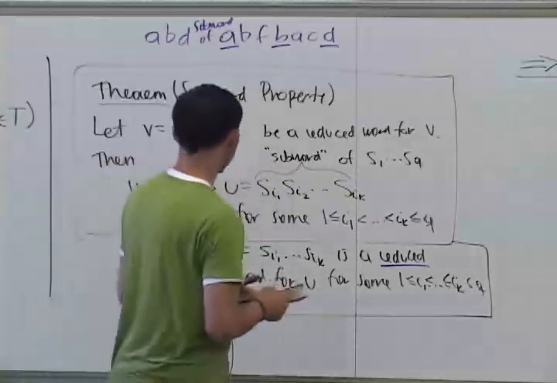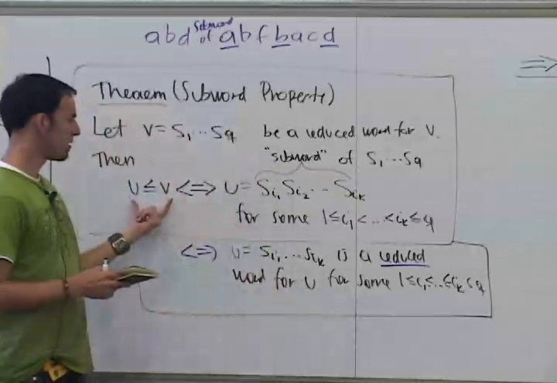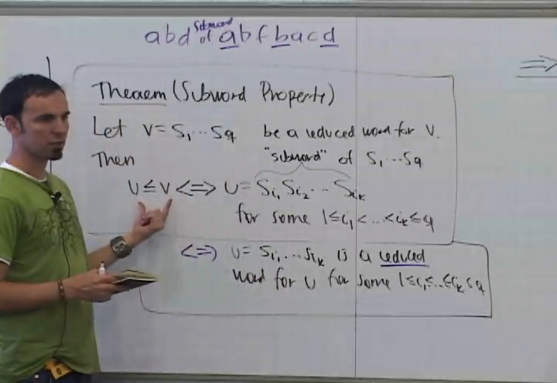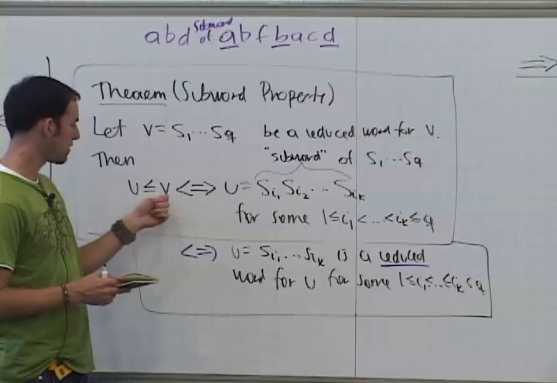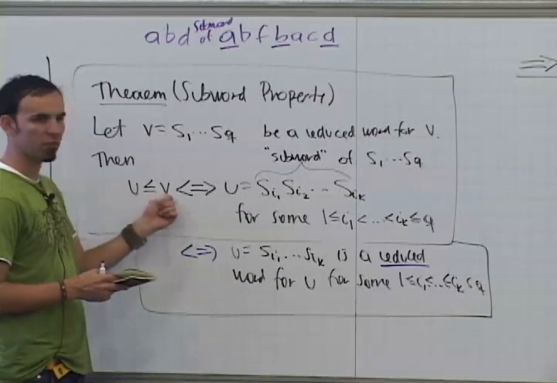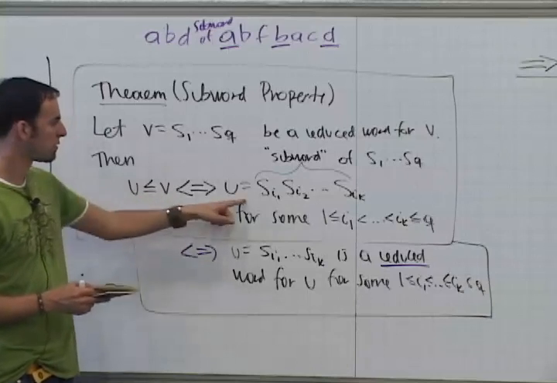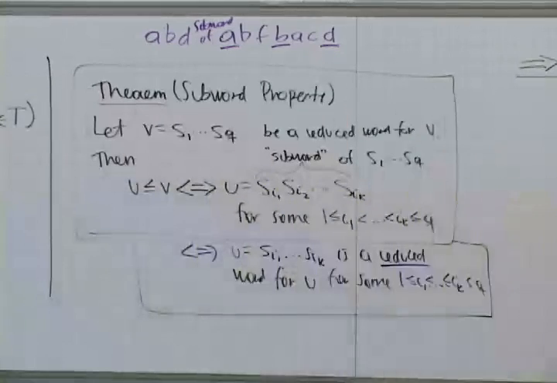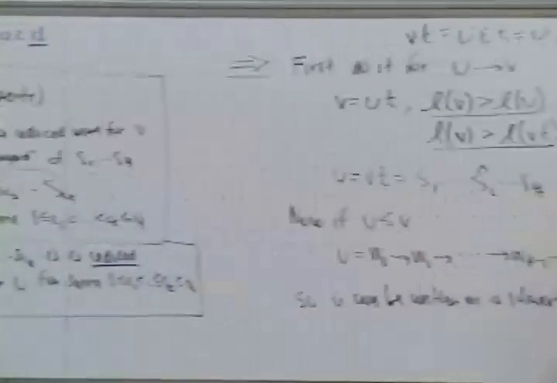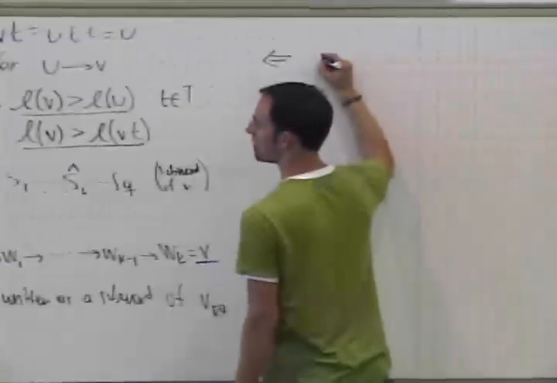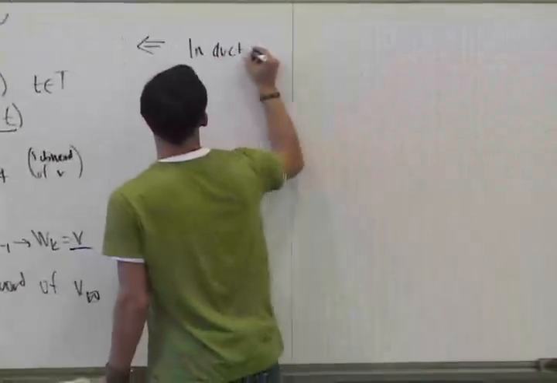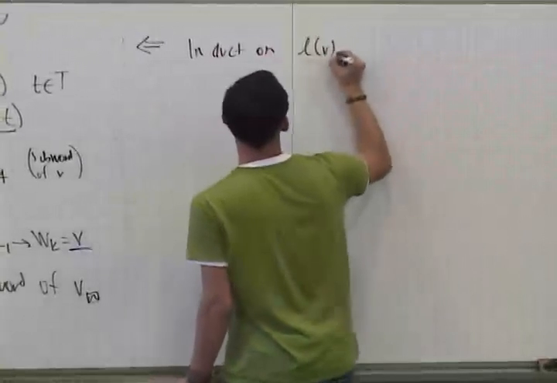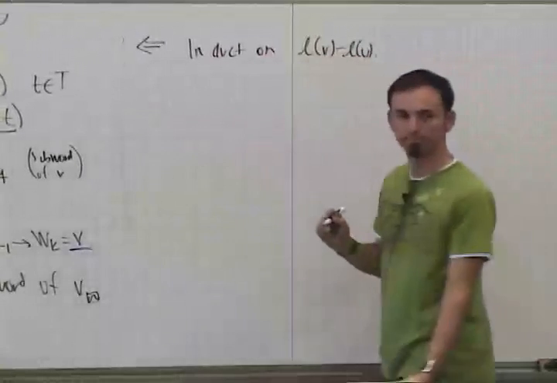And the way I'm going to do this is by induction on the difference of length between V and U. Okay? So I'm going to induct on the length of V minus the length of U.